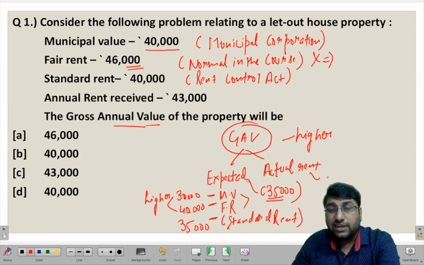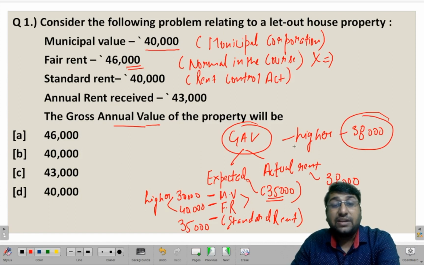If the actual rent is say 38,000, then by using the clear logic of the higher value of expected rent and actual rent, the GAV would have been 38,000. So that's a very plain and simple concept: you take the higher value of the expected rent and actual rent, and expected rent is based on the higher of the municipal value or fair rent, subject to the standard rent.